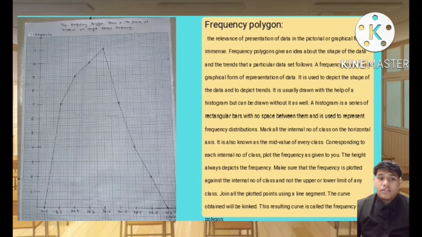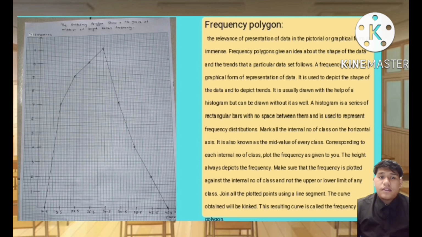It is used to depict the shape of the data and to depict trends. It is usually drawn with the help of a histogram, but can be drawn without it as well. A histogram is a series of rectangular bars with no space between them and is used to represent frequency distribution.